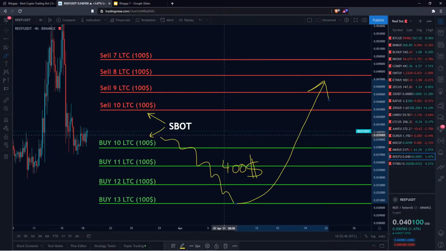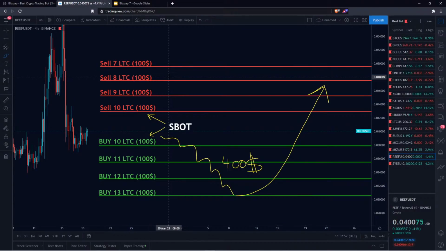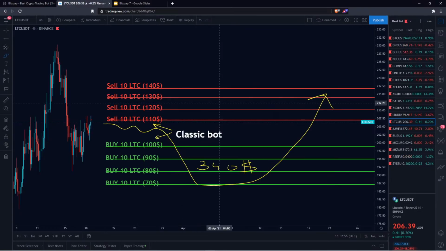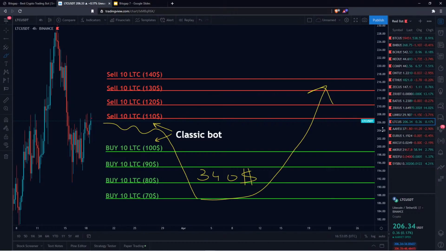All right. Yes, this effect is offset by the fact that here you have fewer coins to be sold, because here you see the ClassicBot is gonna sell more in terms of the USD value. So that's why there is no golden rule whether the SBot or ClassicBot is better or worse than another one.